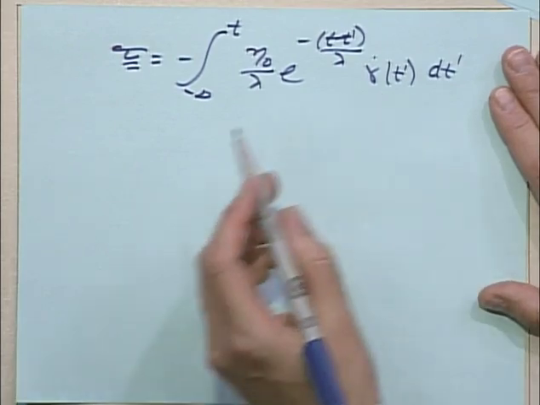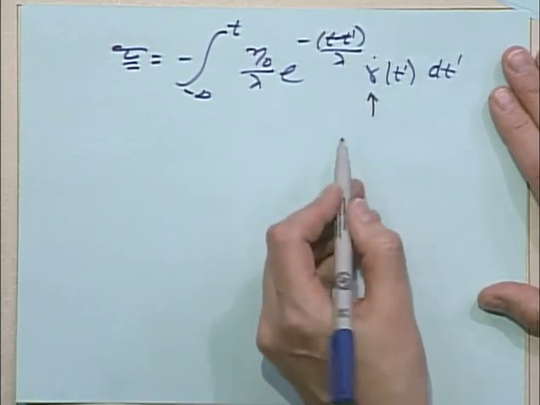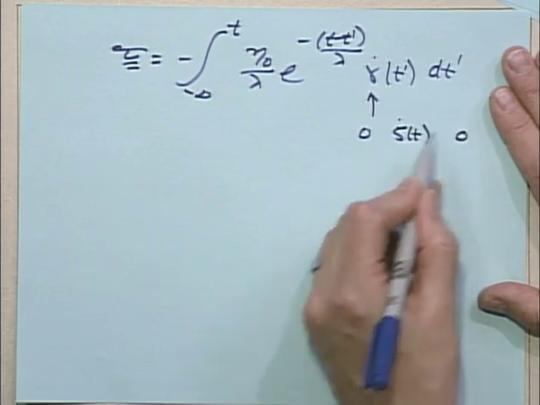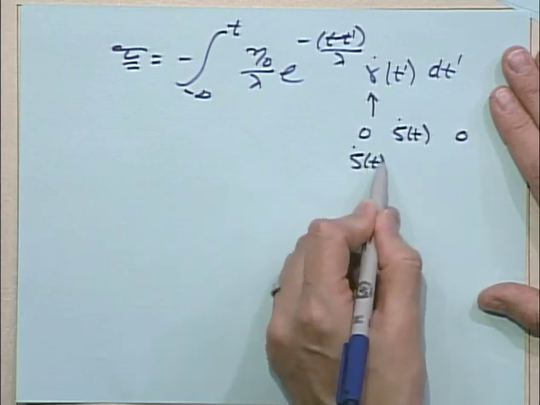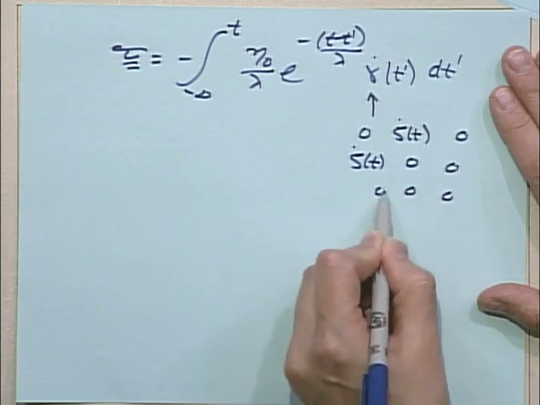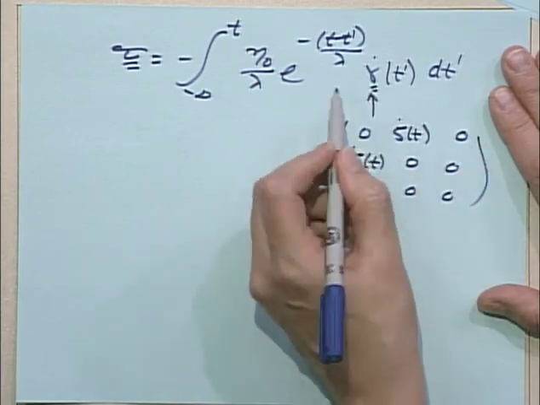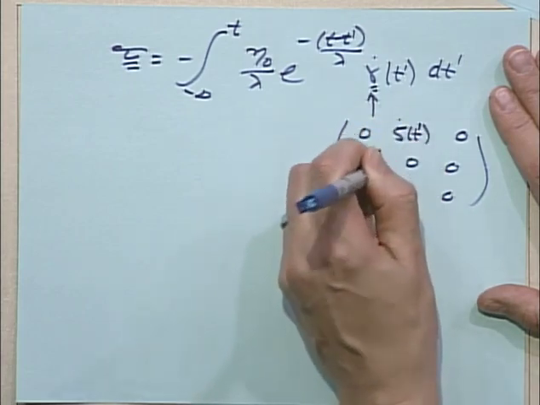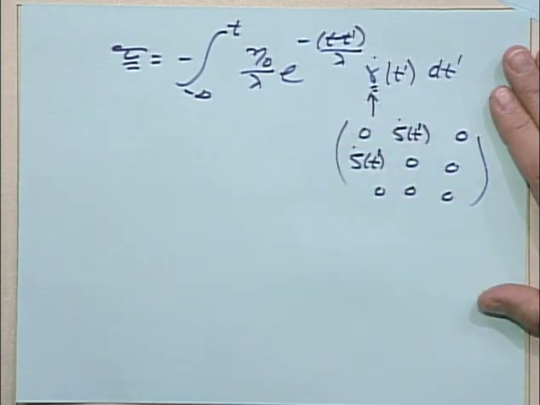Now we put our function in here, 0, sigma dot, 0, sigma dot, 0, 0, 0. And this says evaluate it at t prime. So I'm going to evaluate it at t prime by plugging t prime in.